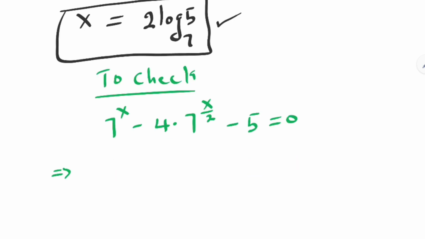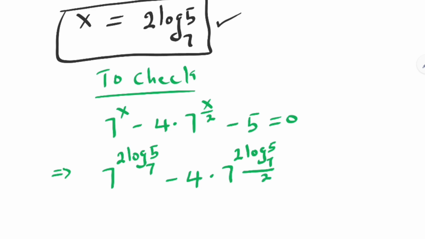And this is 7 raised to power 2 log 5 base 7 minus 4 multiplied by 7 raised to power 2 log 5 base 7 over 2 minus 5 must be equal to 0.